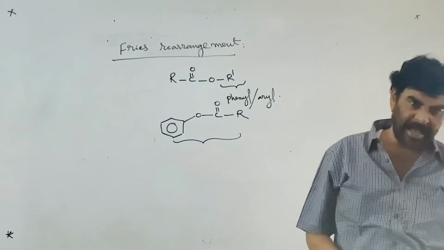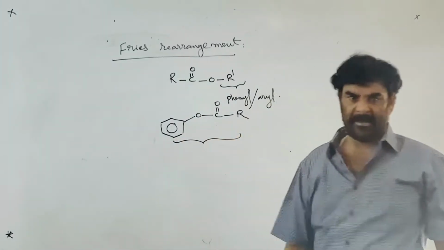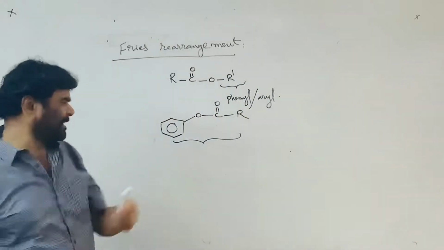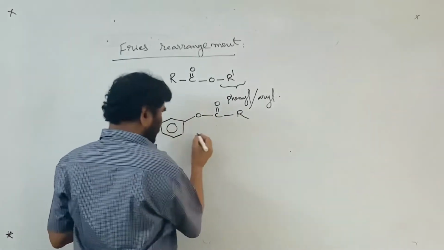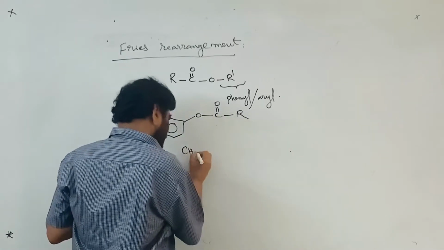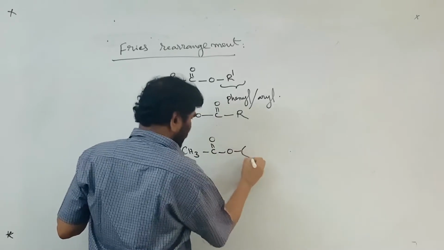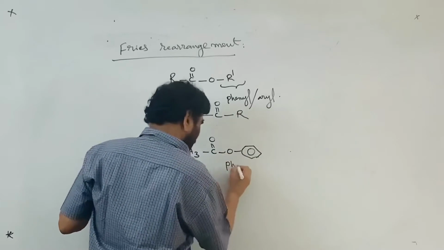The aromatic ring should be attached to the ethereal oxygen of the ester. This is the phenyl ester. It can be anything, for example CH3, C double bond O, giving phenyl acetate. This is phenyl acetate.